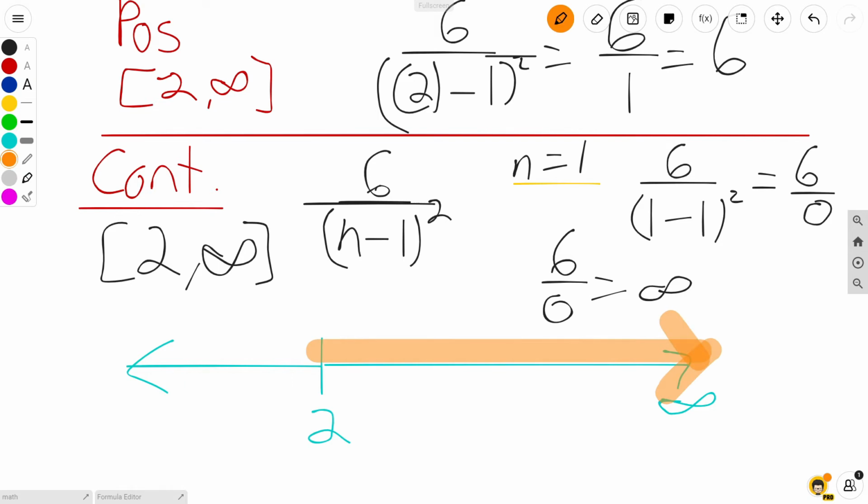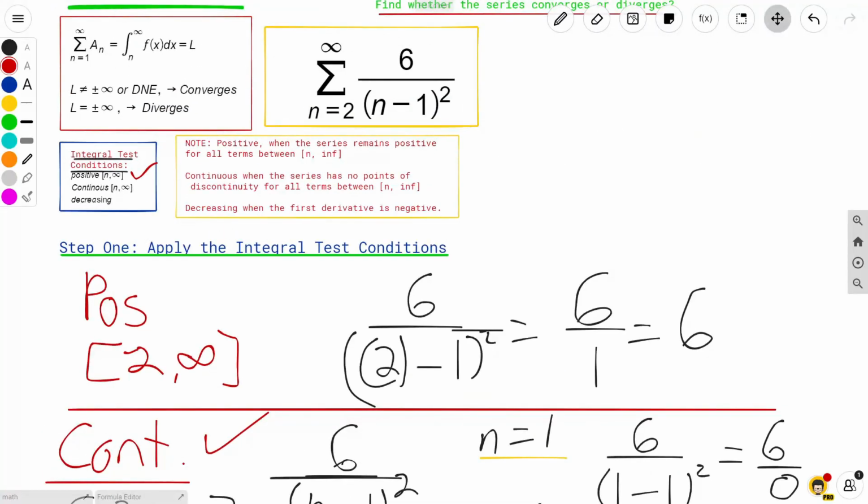And right here, I'm going to go ahead and leave a circle because there's a hole right here. When n is equal to 1, there's a hole. So there's a discontinuity there. And everything over here on the left side is also continuous. But for the purposes of this series, it's continuous from 2 to infinity. So it does check off the second box. So it checks off condition number 2.